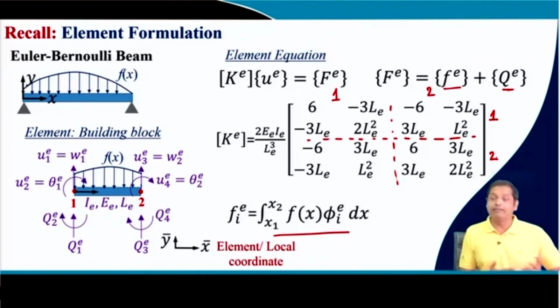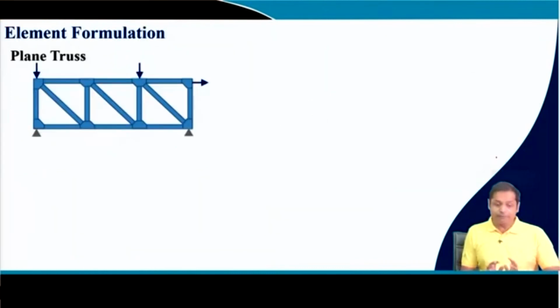It comes directly from the governing equations of the problem. So this we discussed. Now, since our objective is to finally solve plane truss and plane frame problems, let us see how the bar element and the beam element that we have seen can be adapted in plane truss and plane frame problems.